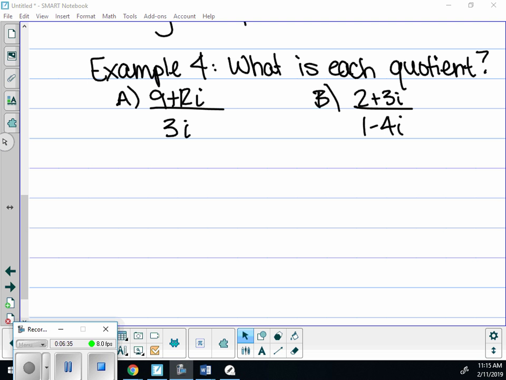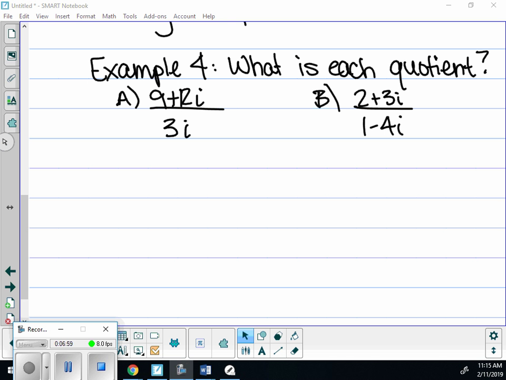When you look at the division of complex numbers, if you look at the fraction in part A, we have 9 plus 12i divided by 3i. Now, you should recognize that 9 and 12 are both divisible by 3.